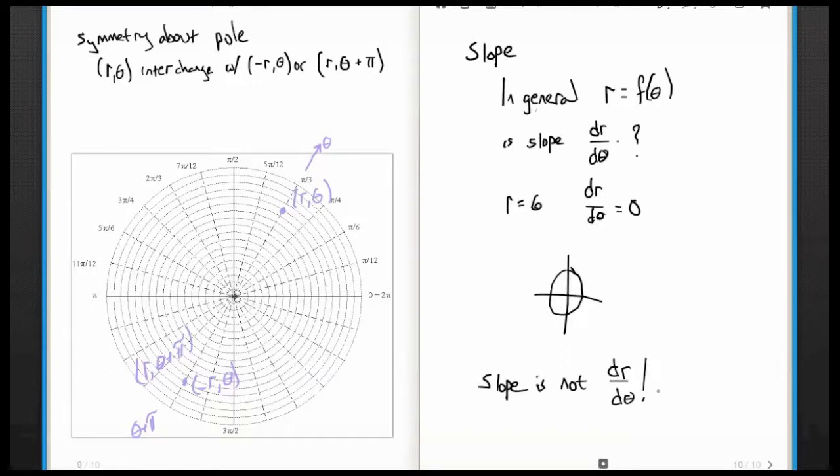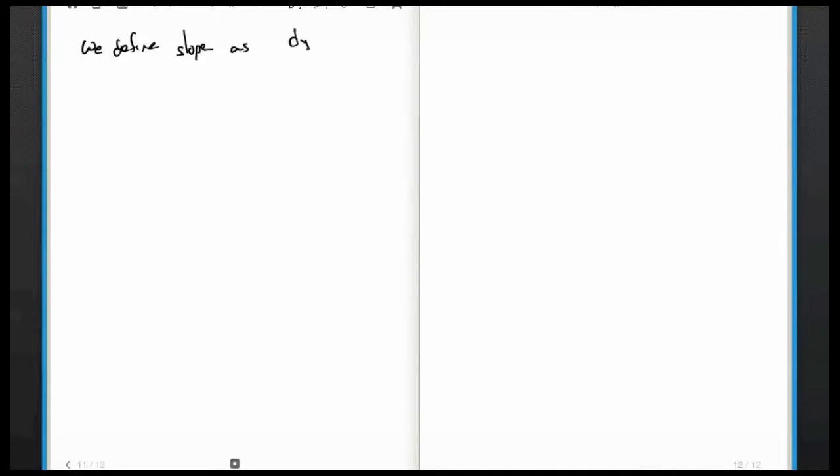A lot of people make that mistake. Typically we define slope as dy dx, like that. Not dr d theta.